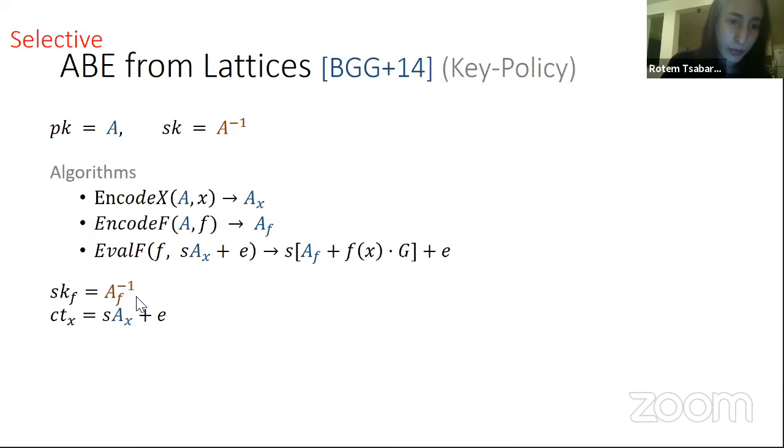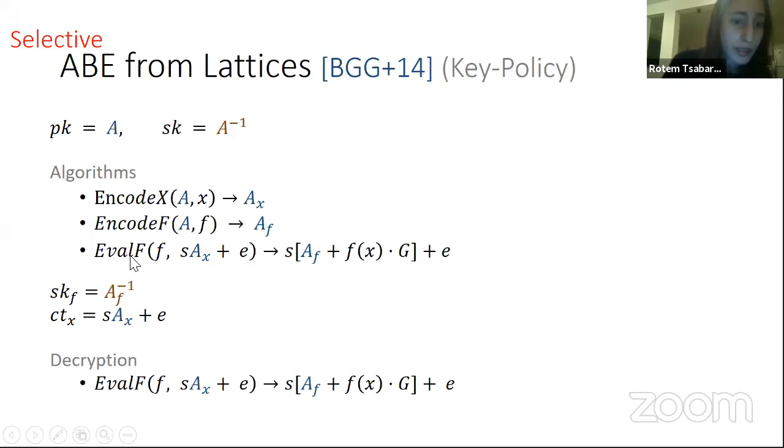So the ciphertext would be with respect to A sub X. And then in order to decrypt, we use this evaluation algorithm. It takes the ciphertext with respect to the attribute X and evaluates F on it, and then we get an LWE instance with respect to A sub F plus something that denotes whether we should decrypt or not.